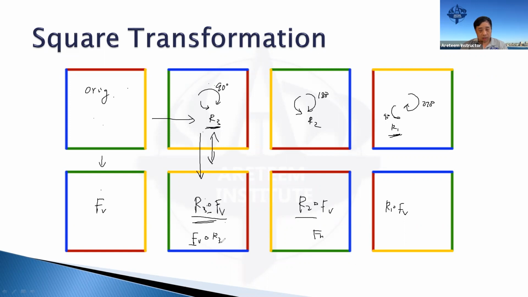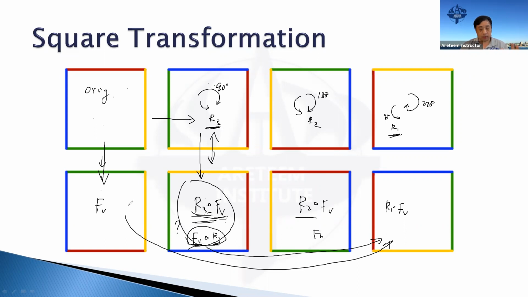If we do FV, from the original you get this. If I then do R3, R3 means rotating 270 degrees counterclockwise, which is 90 degrees clockwise. Do we end up here? No, we don't. We actually end up here. You see, you change the order, this one ends up here, but that one ends up there.